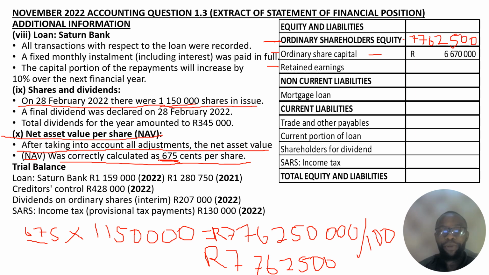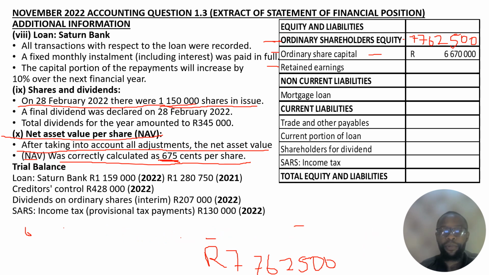There are many ways you can do it. You can start by converting this one first. Convert this 6. Sorry. The easiest way that cannot confuse you: convert this cents into rands first.